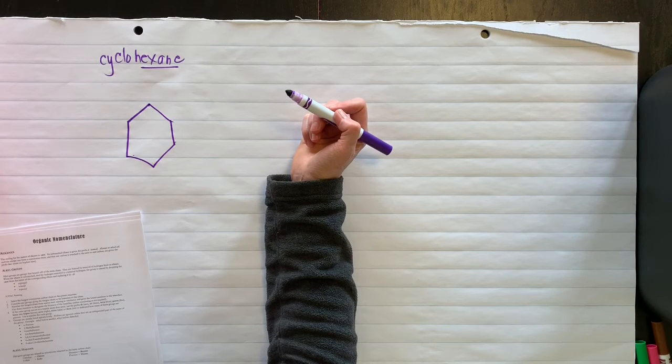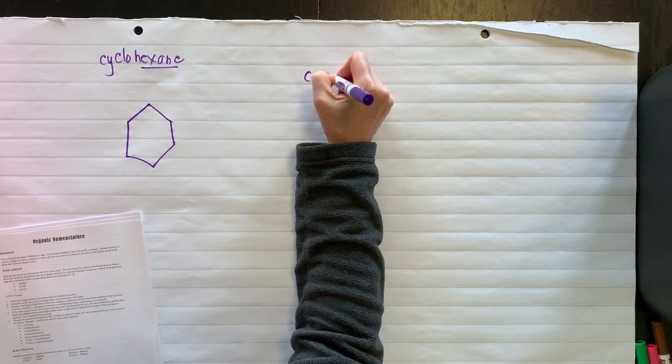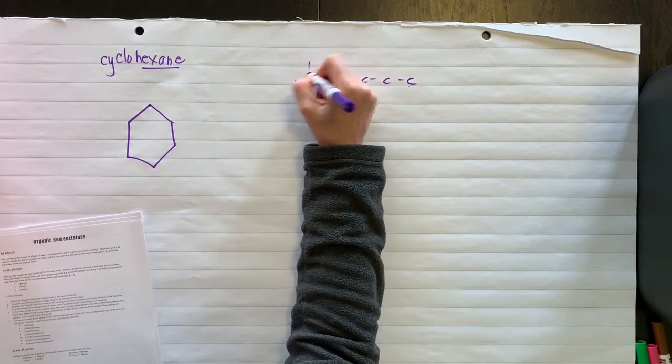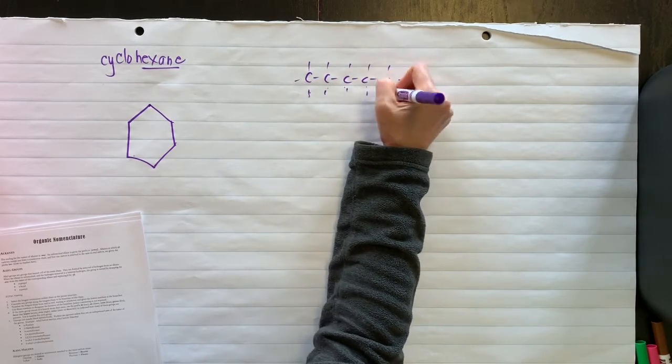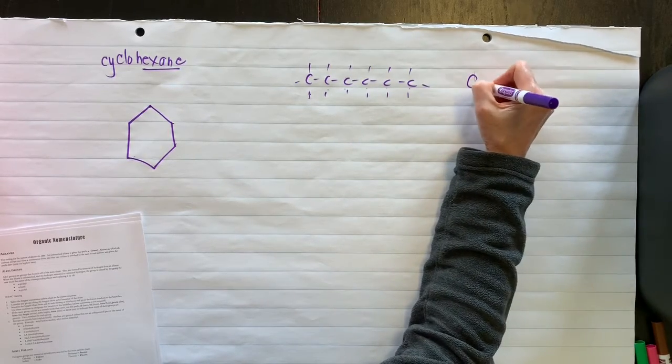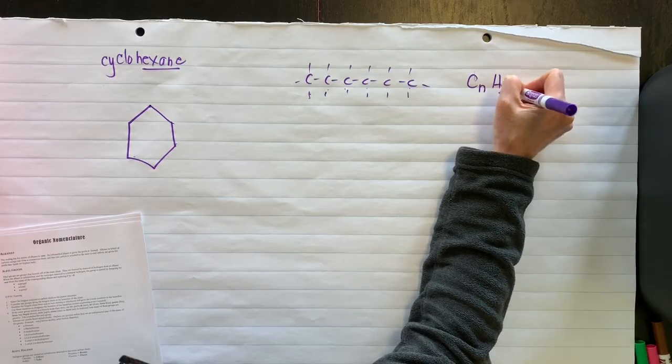Now, in this particular example, we need to actually talk about what the general formula is. Remember if I gave you hexane like this, 1, 2, 3, 4, 5, 6, and I said to you, do you have the formula for that memorized? Some of you would say, yeah, sure, it's CnH2n+2.